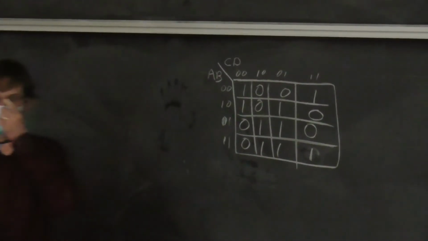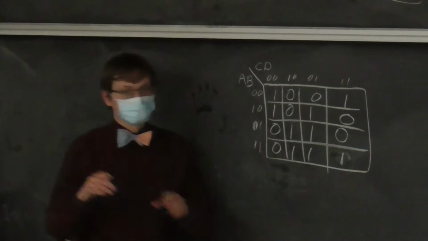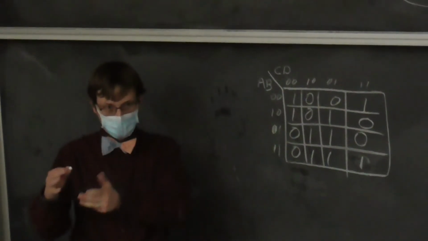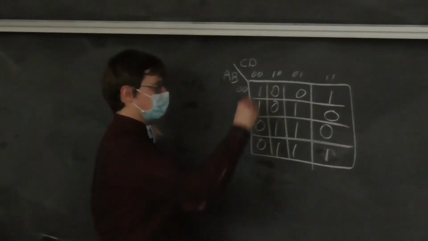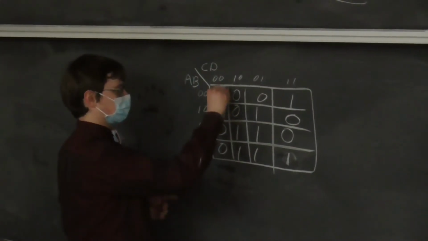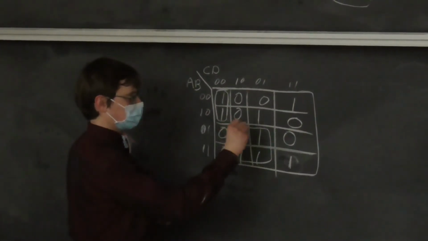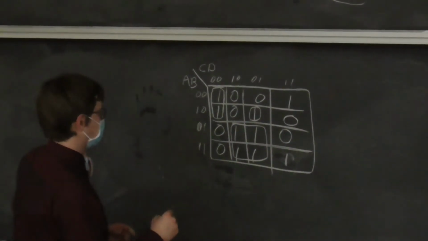So you're looking for clusters of 2 or more, but they have to be adjacent. So this is a cluster right here. This guy right here is a cluster as well. This guy is just on his own.